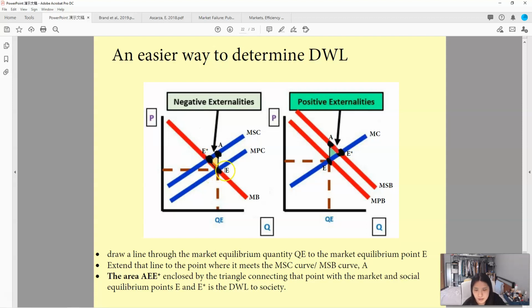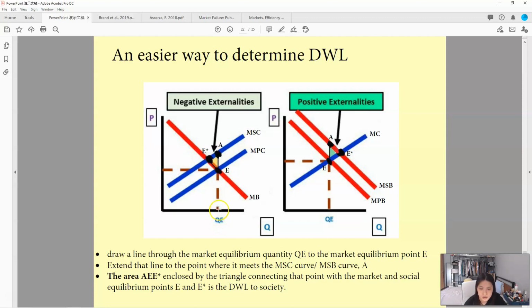We find two equilibria. The first one is the market equilibrium. The second one is the social equilibrium. So we define the market equilibrium E, and we define the social equilibrium E star. And also we need to find the market equilibrium quantity.